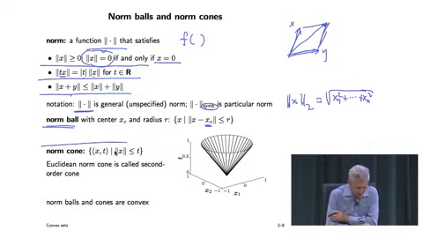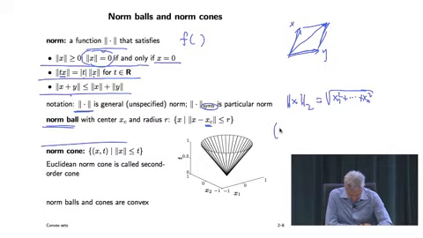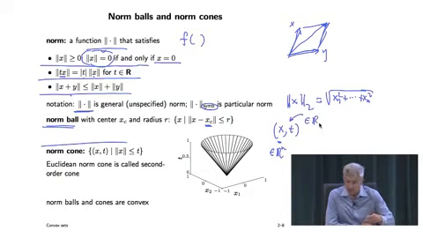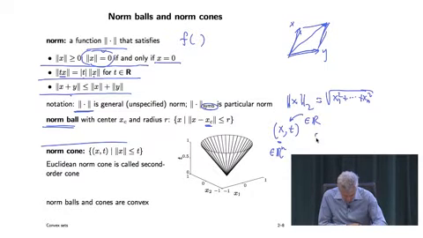The norm cone is a set that sits in the graph space. The graph space of something is the set of all pairs (x, t), where x is in Rn and t is in R. So if you were to plot the graph of a function, that would be the set of all x and f of x, such that x is in Rn.